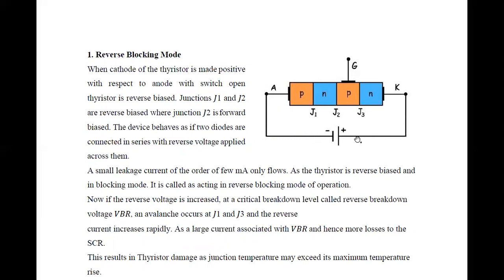In this mode, the switch is in open state. So now anode is connected to the negative terminal and the cathode is connected to the positive terminal, and the gate is kept open.